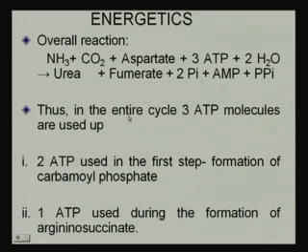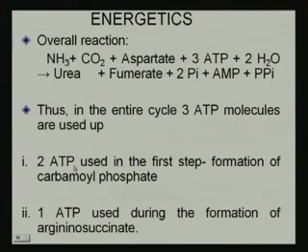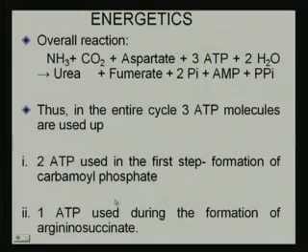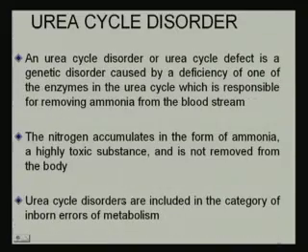Thus, in the entire cycle, 3 molecules of ATP are used up. It is needed to carry forward this reaction. 2 molecules of ATP are used in the first step, and 1 molecule of ATP is used during the formation of argininosuccinate. So it is an energy driven process.